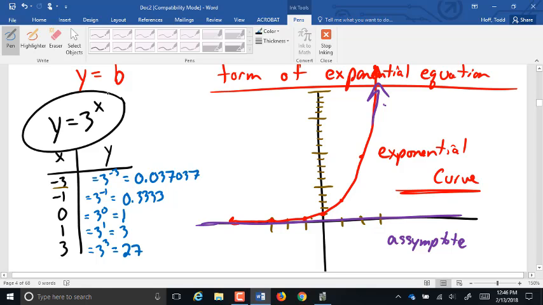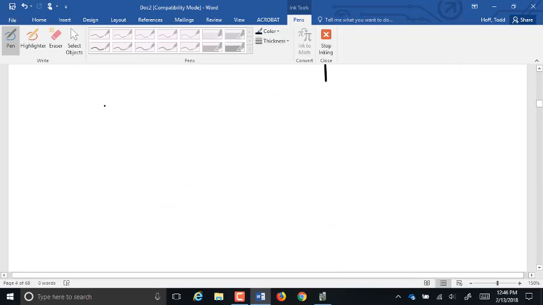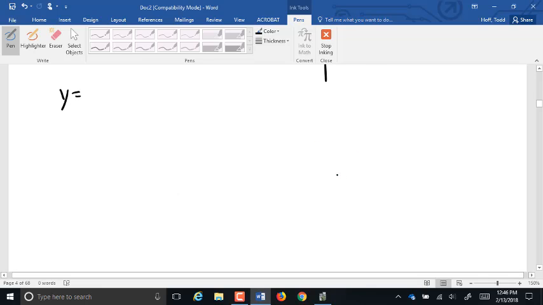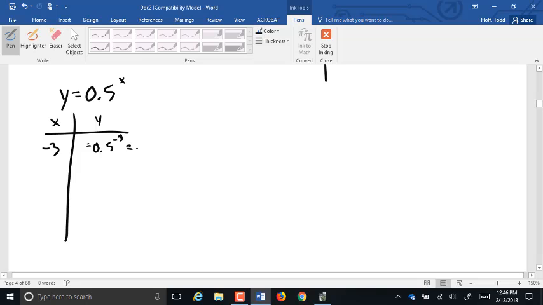So that was y equals 3 to the power of x. What if I have y equals 0.5 to the power of x? Let's just pick some numbers. If x is -3, y is 0.5 to the power of -3, which is going to be 8.